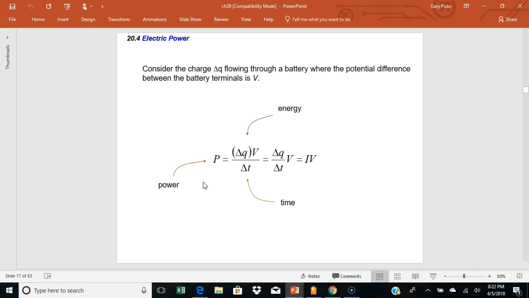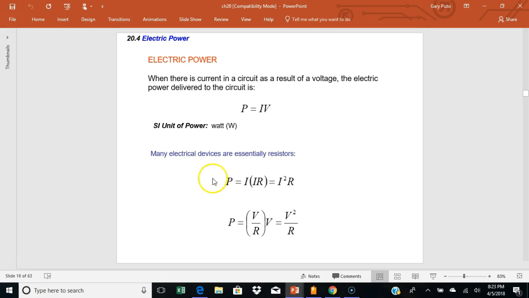So you substitute: electric potential energy is equal to the charge times the voltage. Now you've got charge over time, and that's equal to current, I. So electric power is equal to the current times the voltage. Very simple. Units of power are watts.